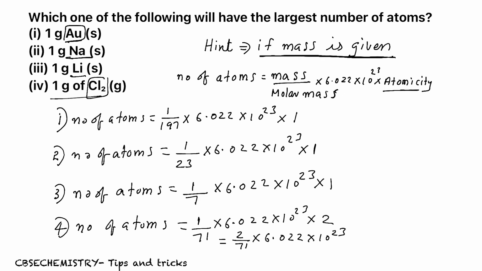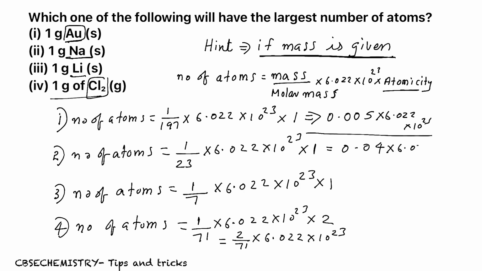See, on calculating the first one, we will get 0.005 into Avogadro number 6.022 into 10 raised to 23. Now second one, on calculating, we will get 0.04 into 6.022 into 10 raised to 23.